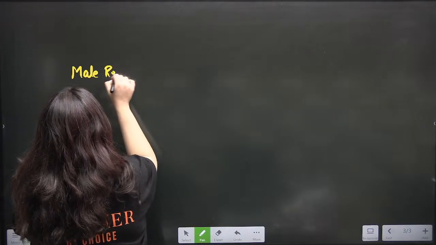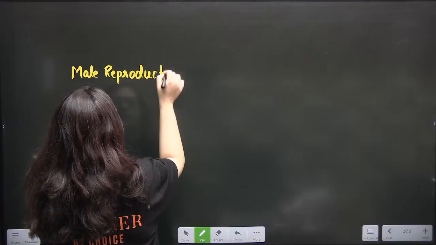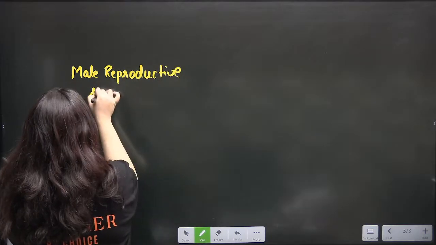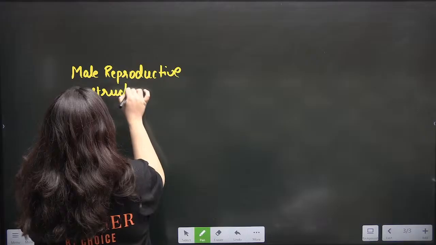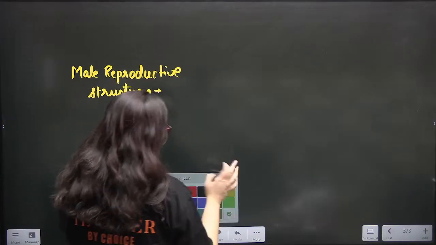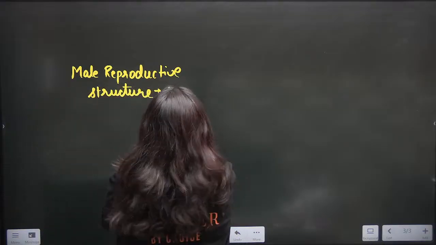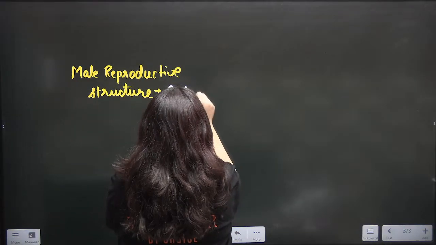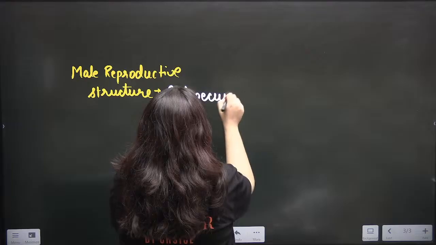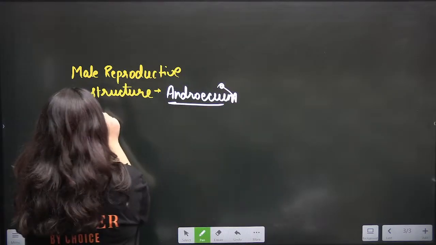Male reproductive structure. The male reproductive unit is androecium. Androecium has two parts.